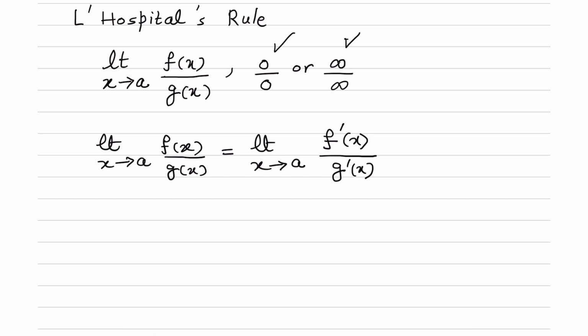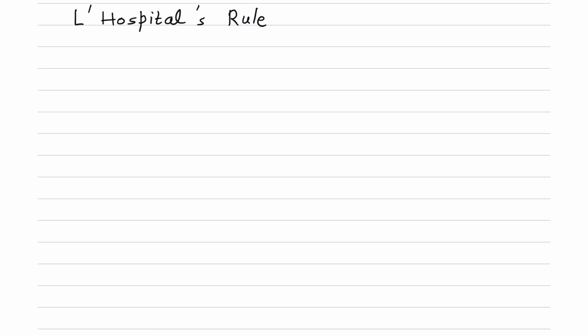Let's understand this method by solving a question. We have to find the limit when x is approaching 2 of the function x square minus 4 over x minus 2. Now it's a question of limit. It has nothing to do with derivative at the moment.